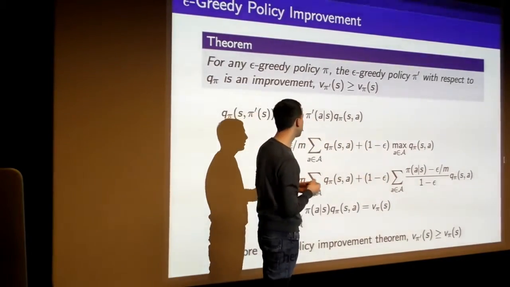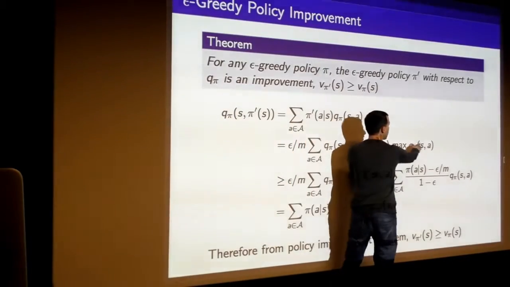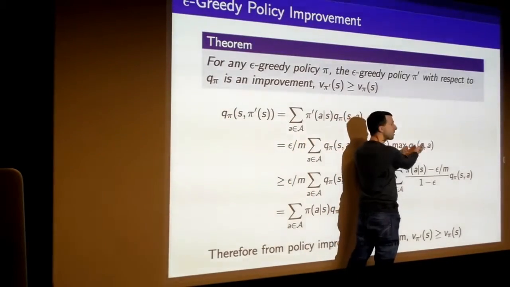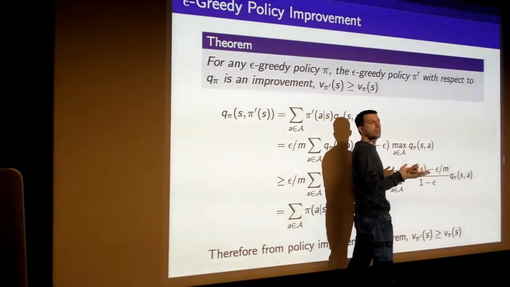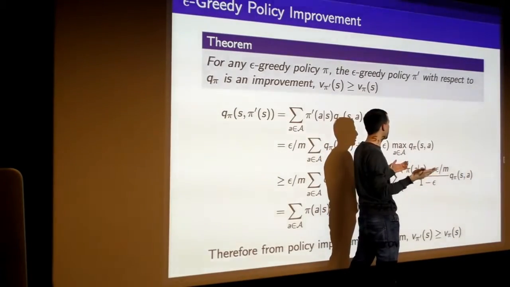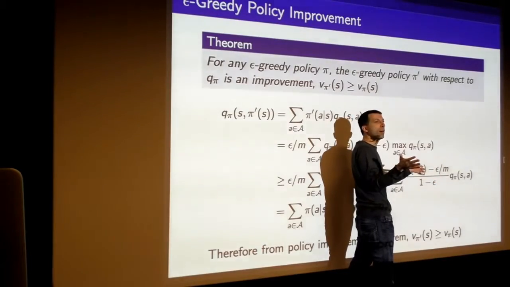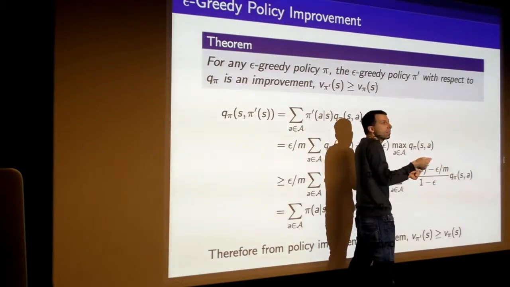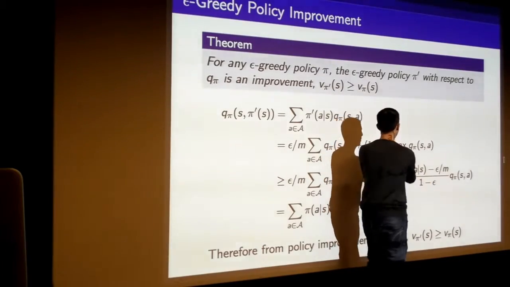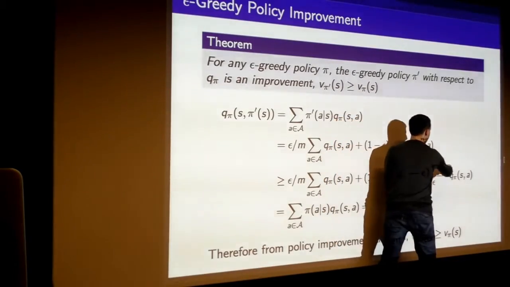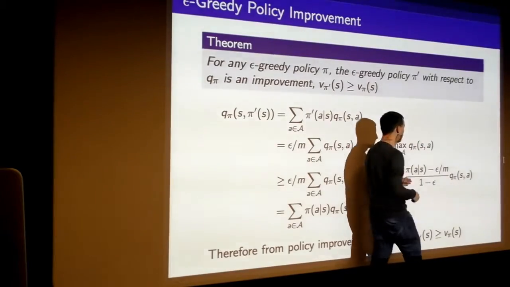And now what we can say is that if you act greedily, if you choose the max of all your Q values, it has to be at least as good as any weighted sum of your actions, of your Q values. So we're going to choose one particular weighting that sums to 1 here.